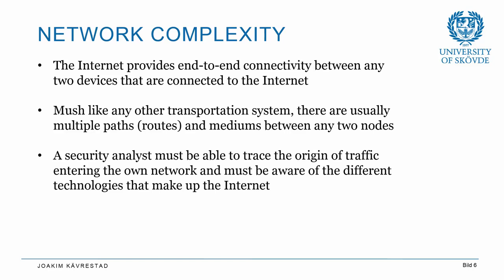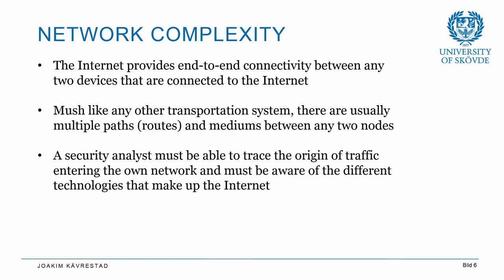And much like in any other transportation system, there are usually multiple paths or routes and mediums between any 2 nodes. So if I want to go from Skövde, where I am, to let's say somewhere in the US, I can choose many different paths. I would most likely start by taking my car to the airport. From there, I would take a plane to perhaps Brussels or Frankfurt or London, and then I would take yet another plane to the US.